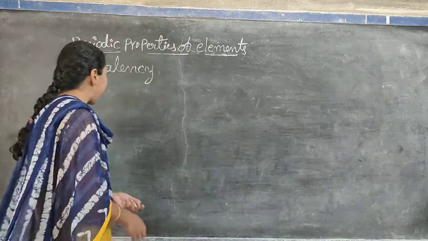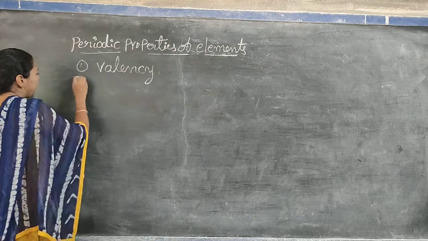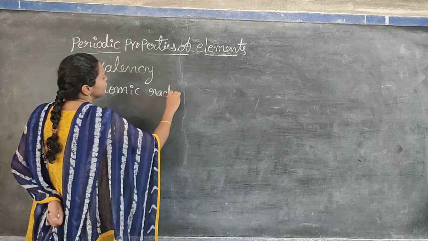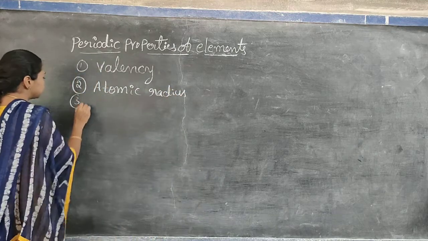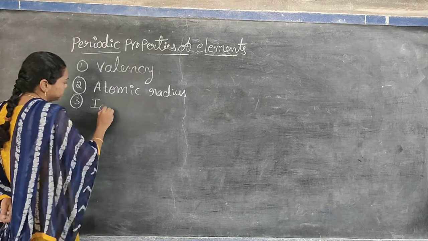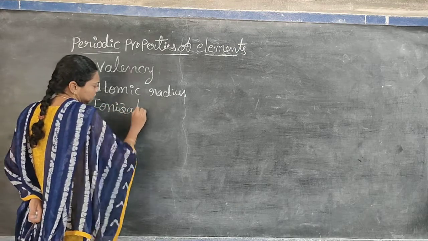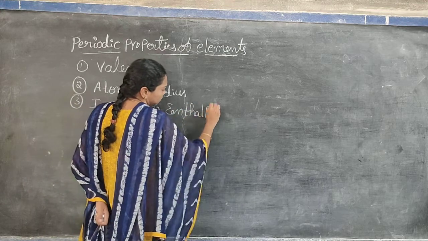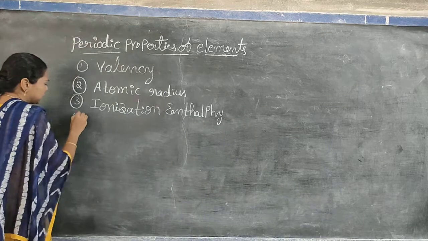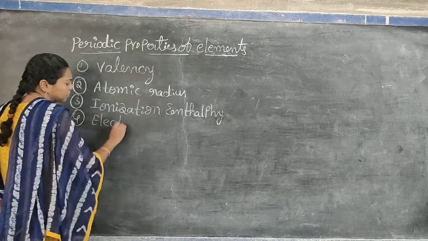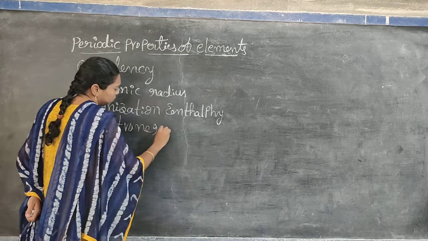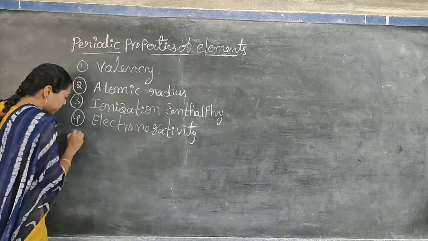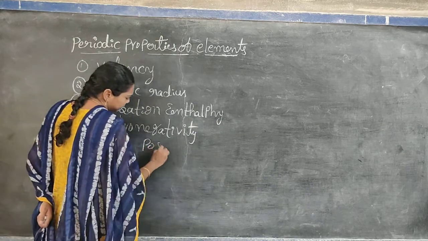Those are: 1 is valency, 2 is atomic radius, or size, both are same, 3 is ionization enthalpy, 4 is electronegativity, and 5 is electropositivity.